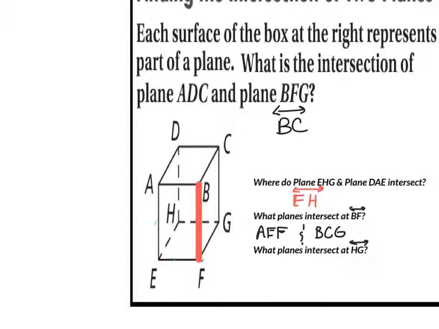Let's outline that one in blue so that we can tell the difference. I want to know what two planes intersect to form line HG. If you look at this, this is the back bottom corner of the box.